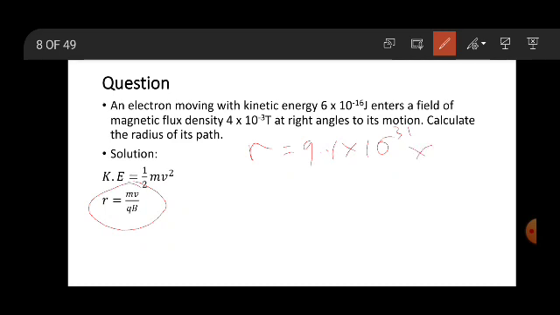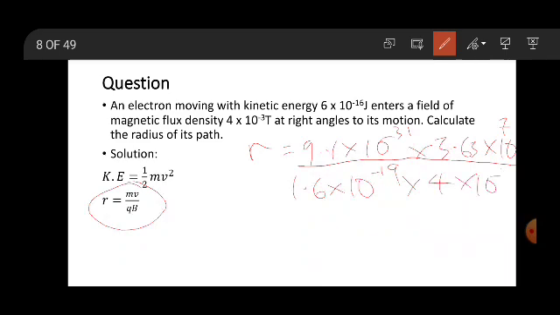Now multiply by v. v is the velocity of the electron, which we just got to be 3.63 times 10 to the power 7. Now divided by q, the charge of the electron, a constant value of 1.6 times 10 to the power minus 19. Then multiply by B. B is the flux density, which is 4 times 10 to the power minus 3.